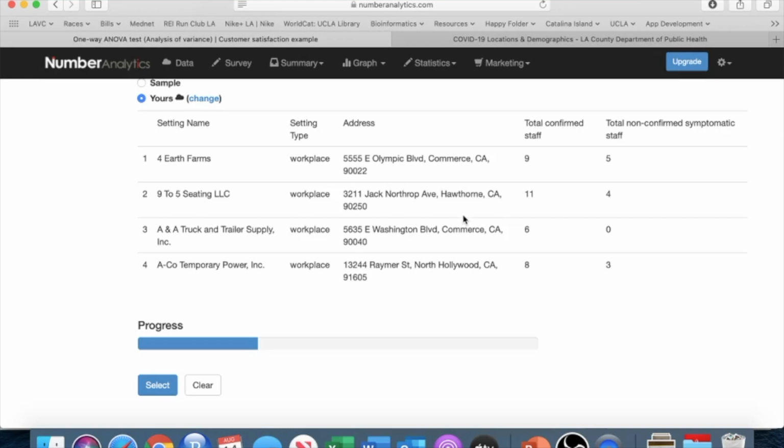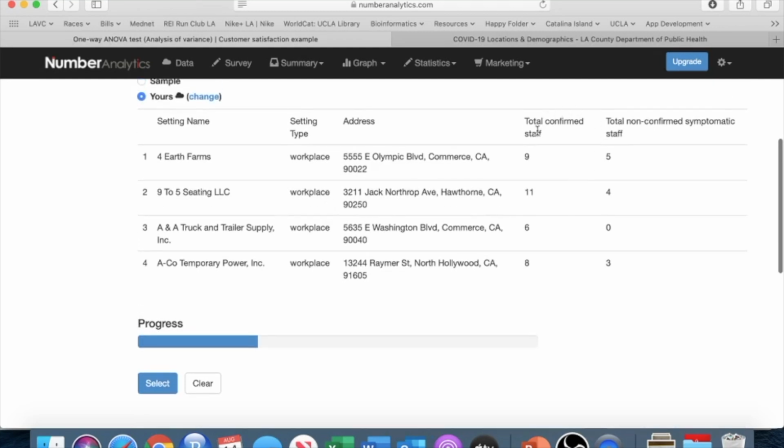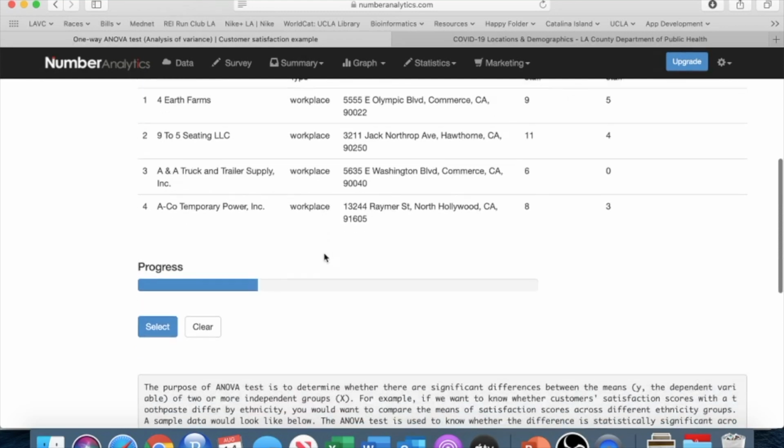My null hypothesis is that all 3 groups will have the same mean, so regardless of workplace versus education versus food and retail, there will be the same total number of confirmed staff. My alternative hypothesis is that one of those setting types will have a difference in total confirmed staff. Okay?